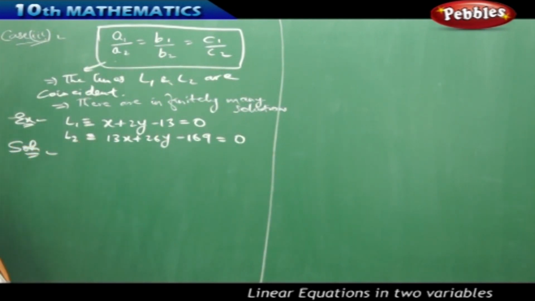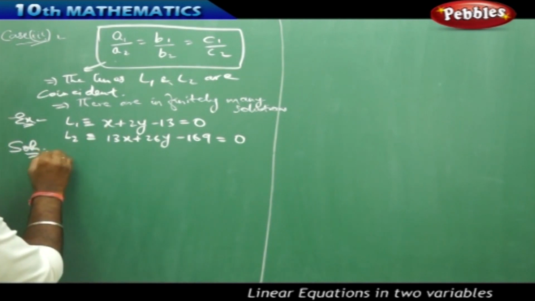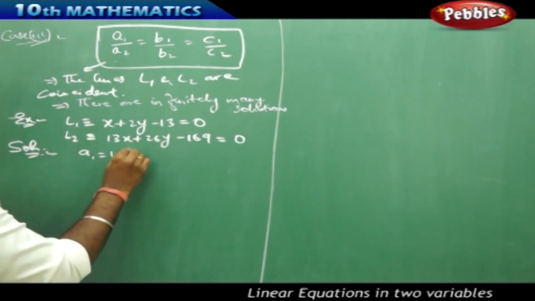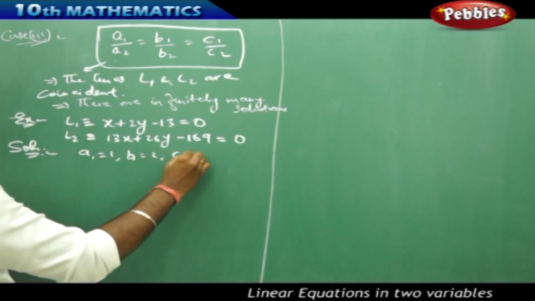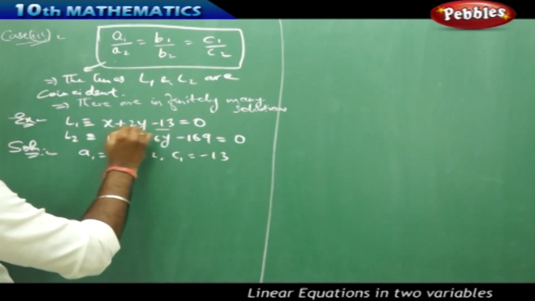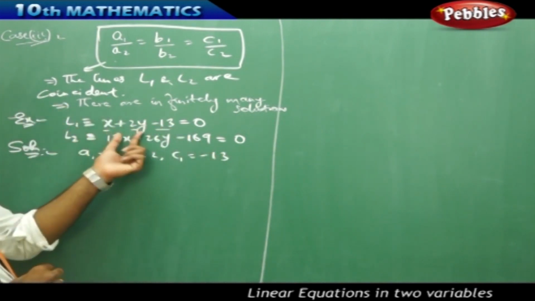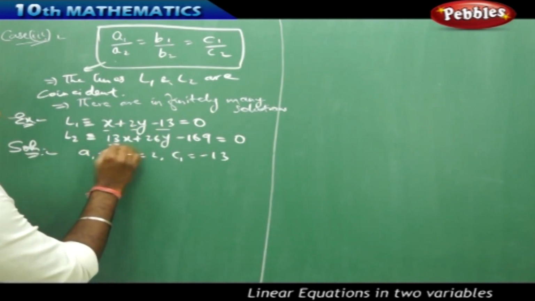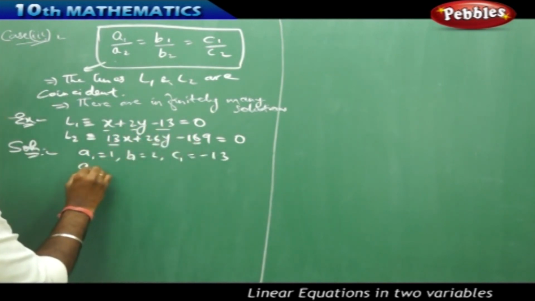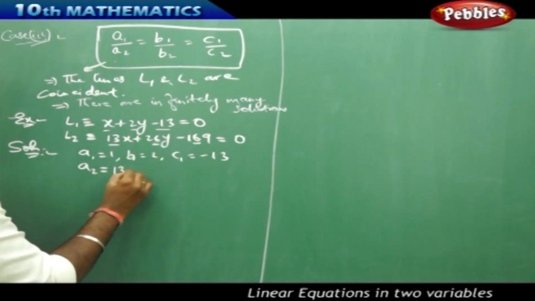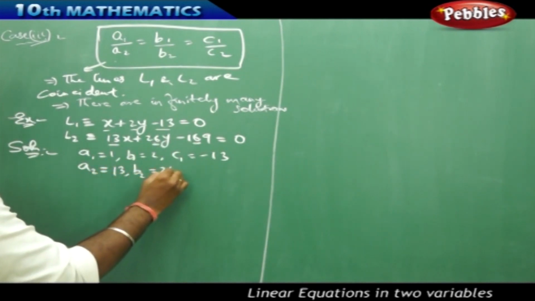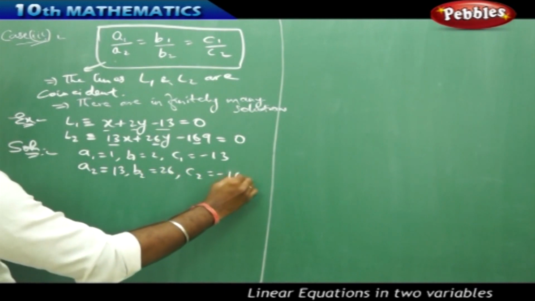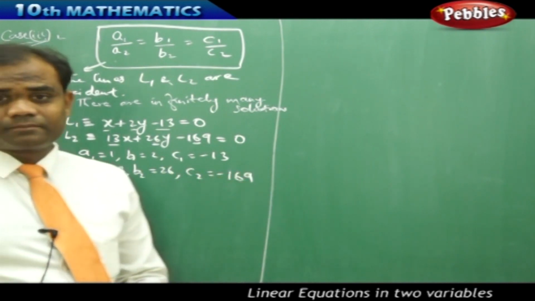From line L1, if I extract the coefficients, I observe that a1 is 1, b1 is 2, and c1 is negative 13. And coming to line L2, we have the three coefficients: a2 is 13, b2 is 26, and c2 is negative 169.